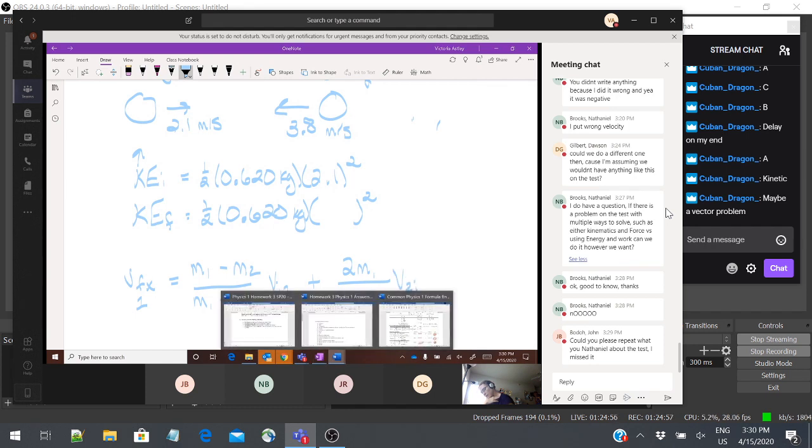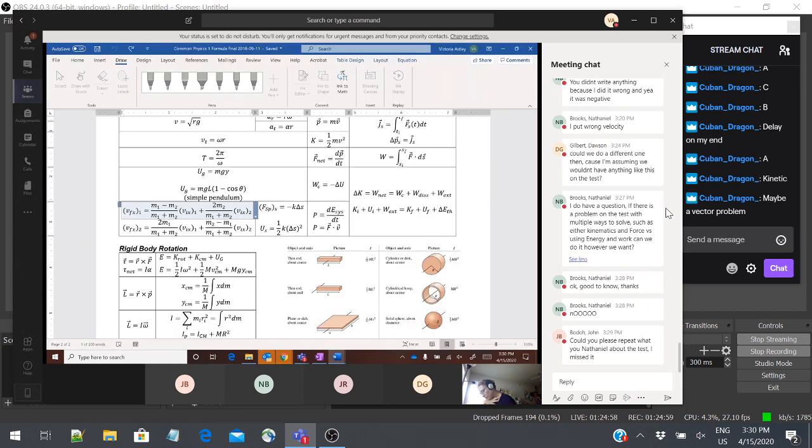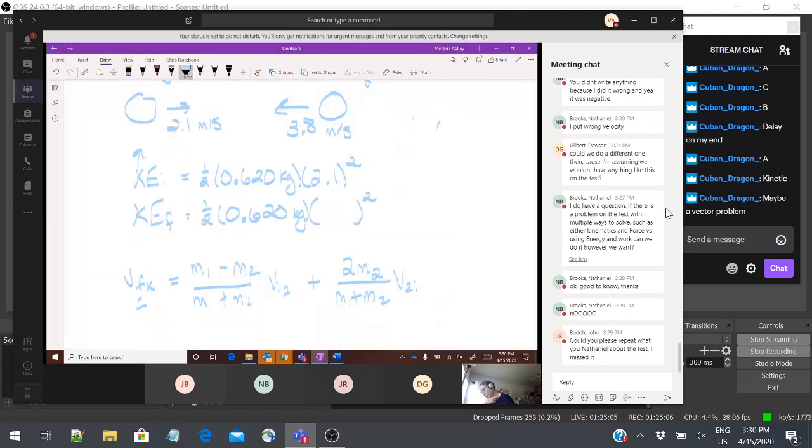Let me double check. M2. Is that what I wrote? M2. So I told Nathaniel that if it doesn't say, you can do it whatever way works. If it says you have to use work and energy, then you have to use work and energy.